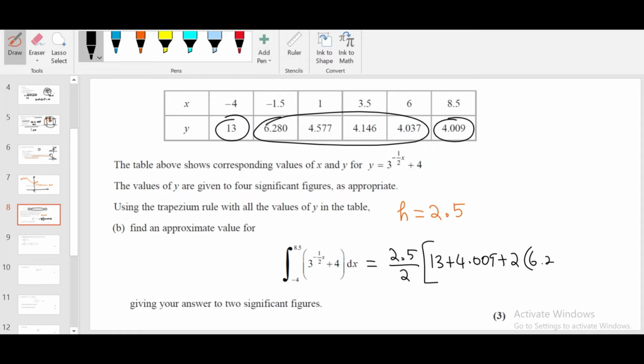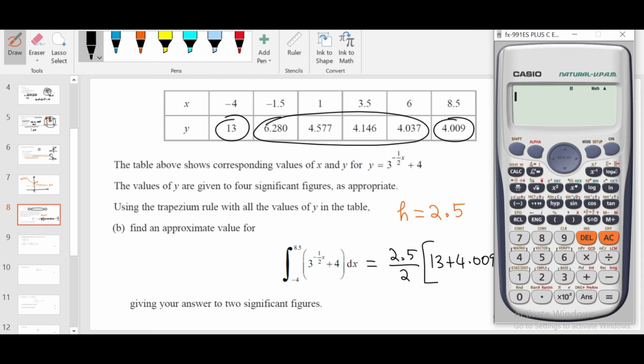Write these values here, plus plus plus plus all these values, close the bracket, and then put it in your calculator carefully. 2.5 divided by 2 times the first y value plus the last y value, plus 2 times the sum of the rest of the y values: 6.280 plus 4.577 plus 4.416 plus 4.307. Close the bracket and close the main bracket.